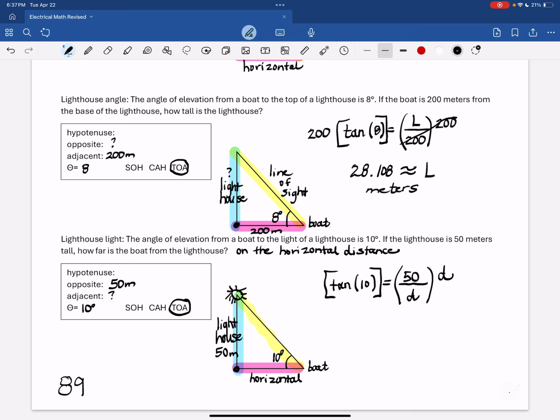Gotta move D, or get it to cancel. And then we'll take 50 divided by the tangent of 10 to get that to cancel. Get D by itself. So 50 divided by the tangent of 10 is about 283.564 meters.